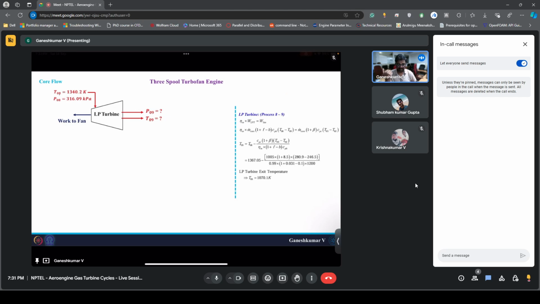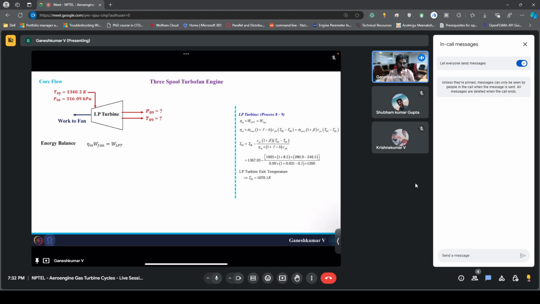The next thing is the LP turbine. Again, our inlet pressure and temperature has changed compared to the lecture. Now, again the same argument you can see for the LP compressor. There is no change because the entire core mass flow rate is going to get compressed to that level. But the amount of mass flow rate that the LP turbine operates is lesser.